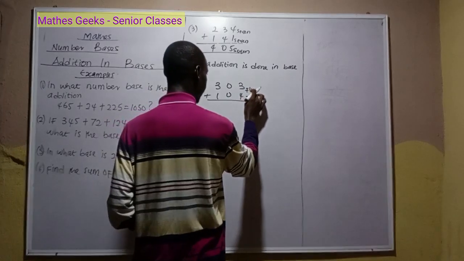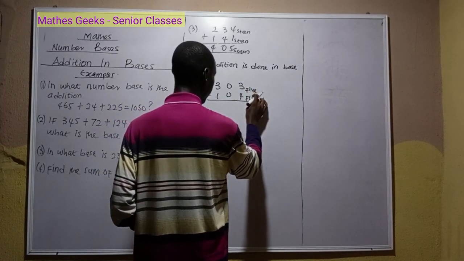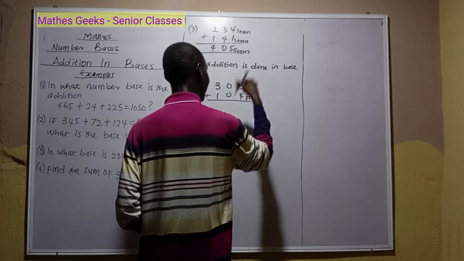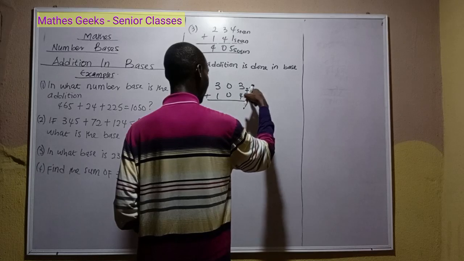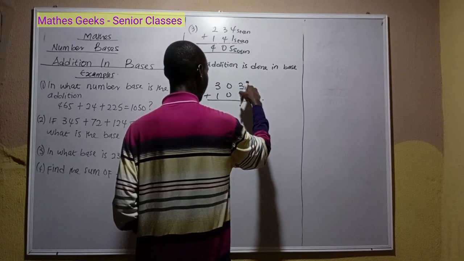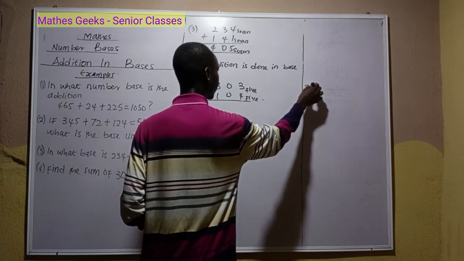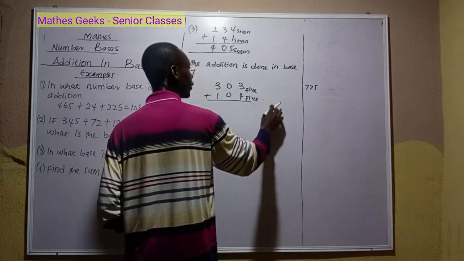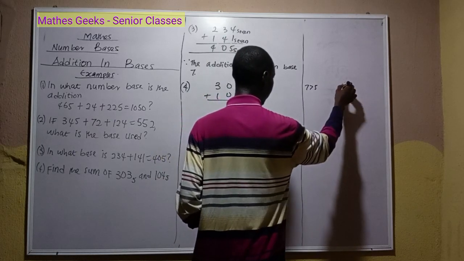It's greater than the base we are working in. If the sum is greater than the base we are working in, you convert the answer to the equivalent in that base. First, 3 plus 4 is 7, and we're working in base 5, and 7 is greater than 5. So I want to find the value of 7 in base 5 by dividing repeatedly by 5.